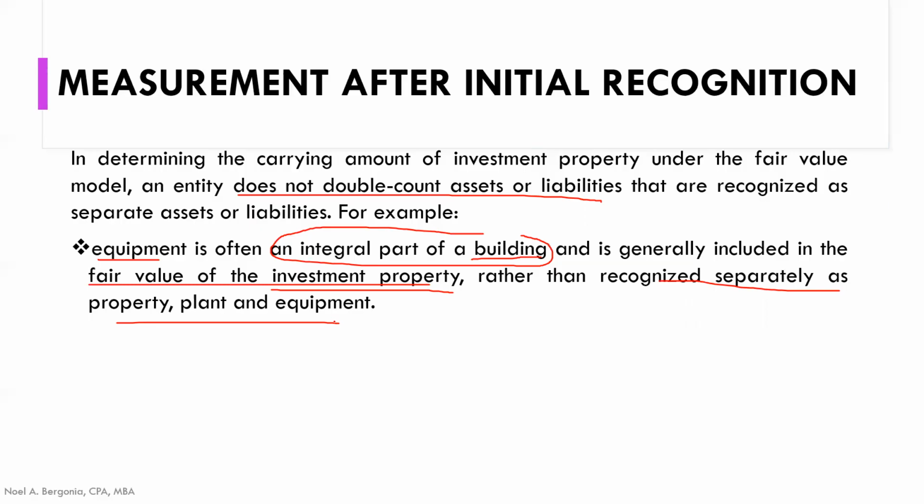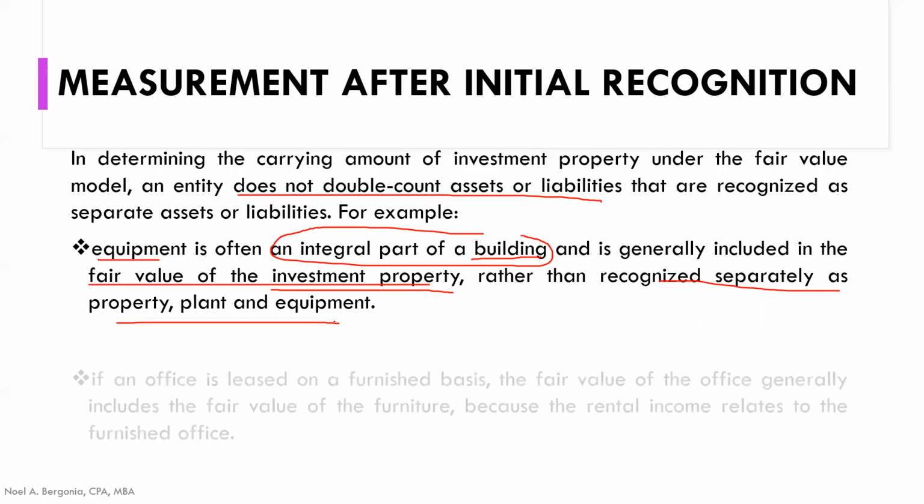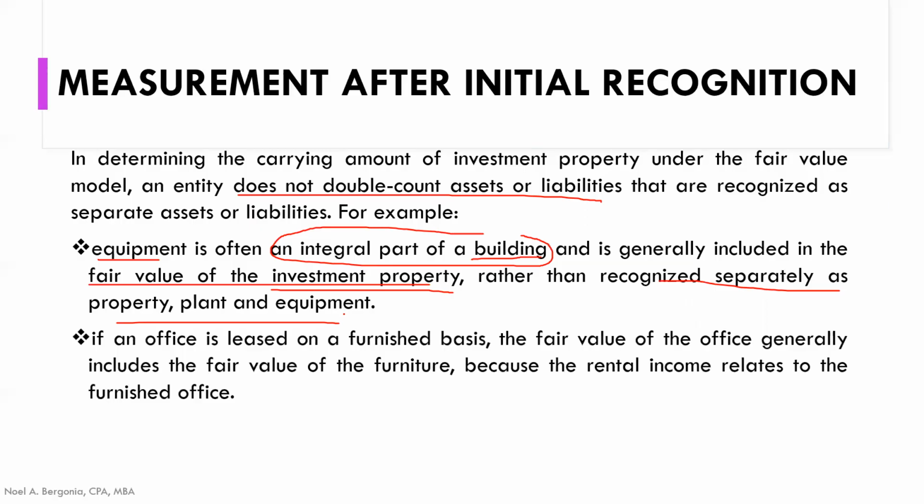So I hope that that is clear. Wag i-double count ha, baka mamaya nilagay natin as fair value, kasama na siya sa fair value ng investment property, and then you have tried to account it for separately with the PPE, so na double count na siya. And we don't want that. Another would be if an office is leased on a furnished basis, the fair value of the office is generally including the furniture because rental income relates to the furnished office.